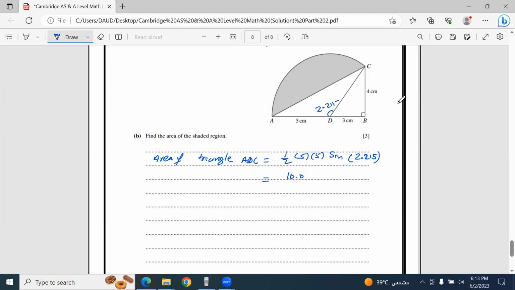So next one is the area of the sector. Area of sector equals 1 over 2 r squared theta. Here r is 5 and theta is 2.215, which gives us 25 over 2 times 2.215.